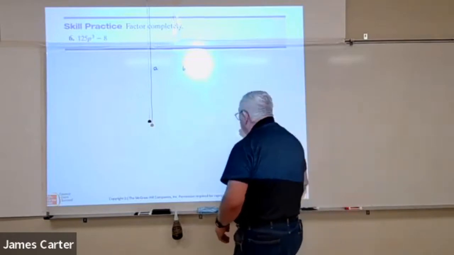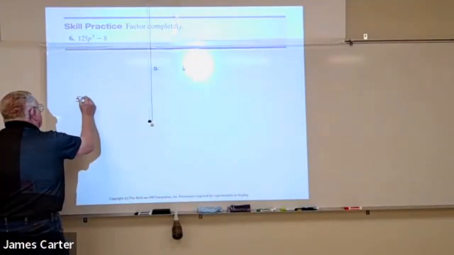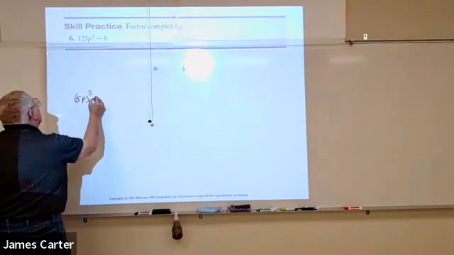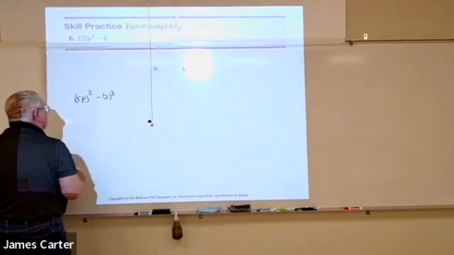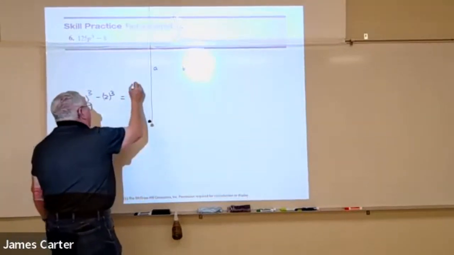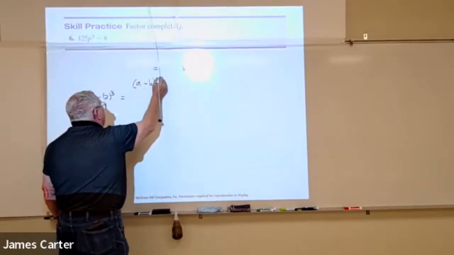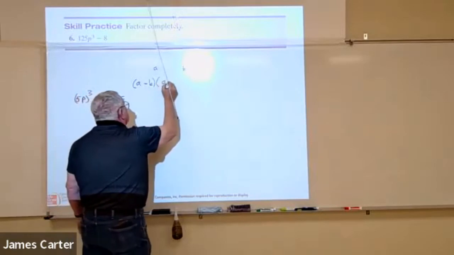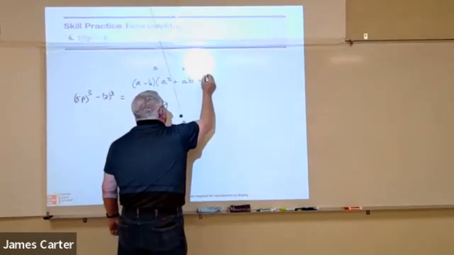So what have I got here? I've got 5p cubed minus 2 cubed. So I write my formula. I remember that it's a minus b, and then a squared plus ab plus b squared.